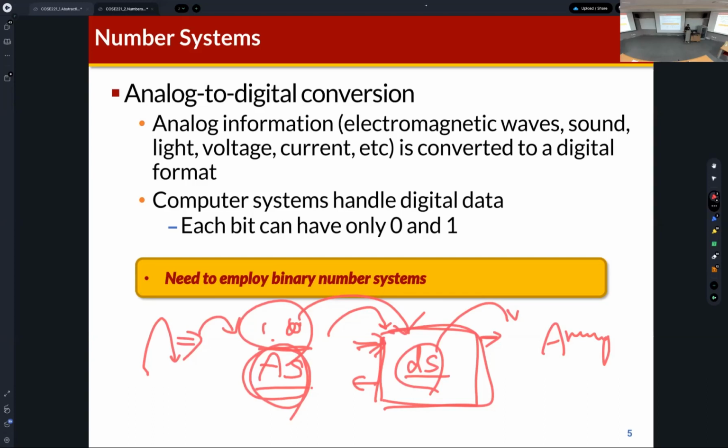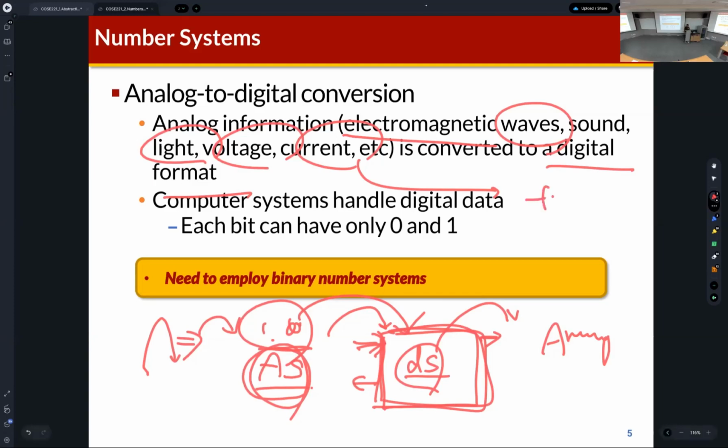So the analog information needs to be converted into digital data, meaning these signals need to be converted into the digital format, like the binary number system. Inside of the digital system, the system just handles digital signals. For example, our file is just digital data, right?